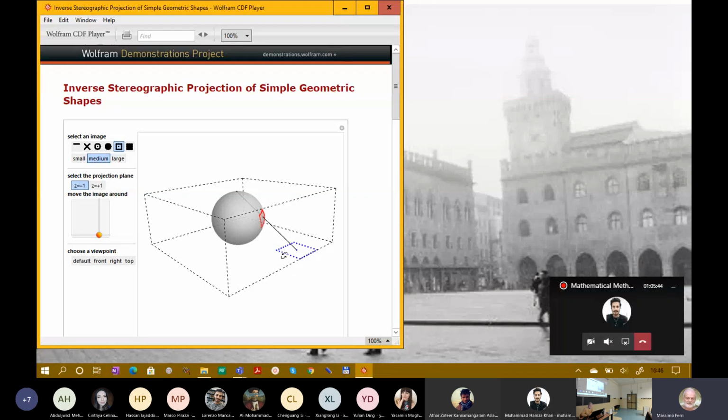If we take a point and try to go towards the North Pole, then that point goes away towards infinity, in each possible direction. Okay, that's all I wanted to show you, so I can come back now.